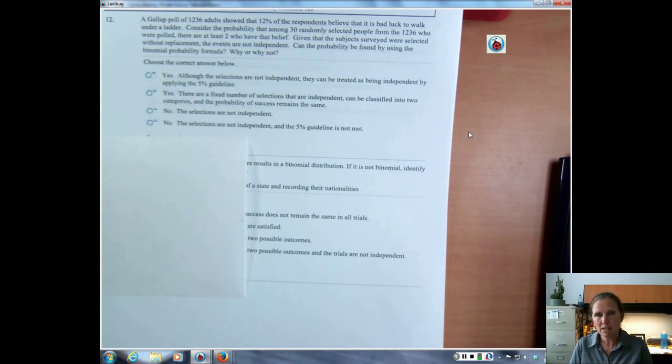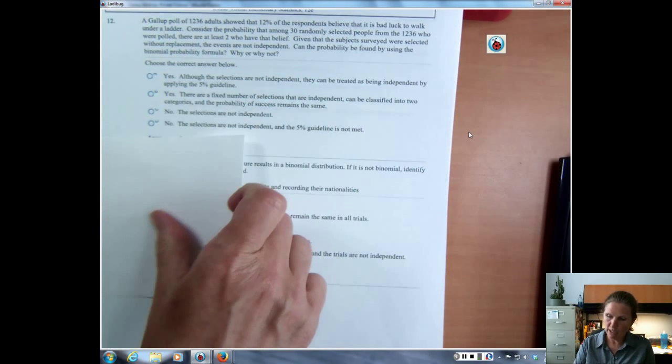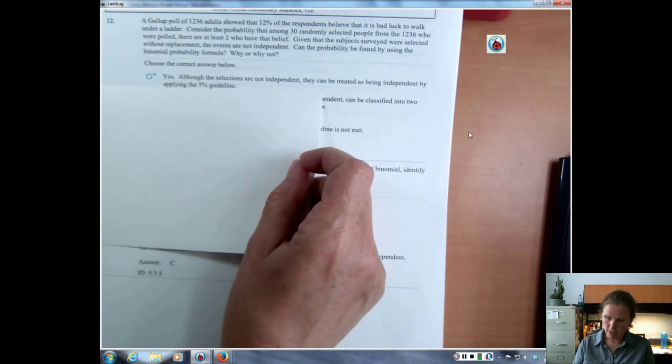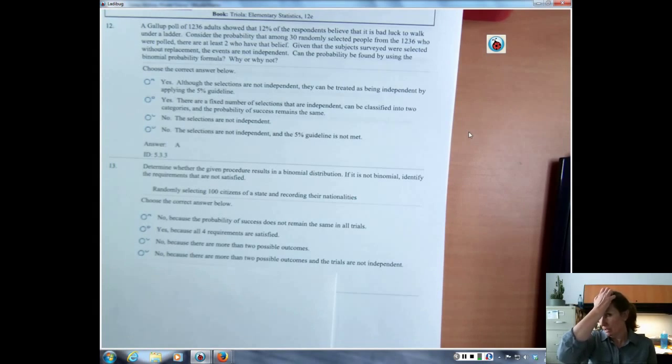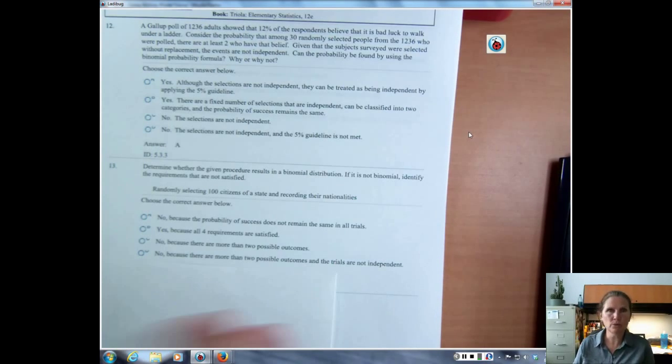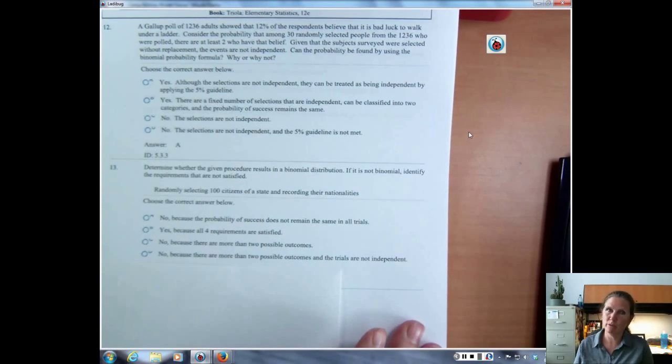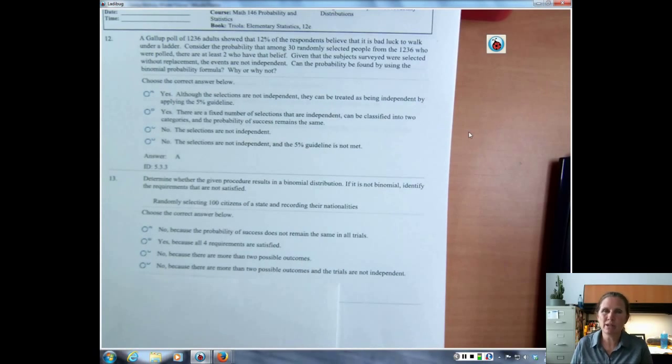So we say that, yes, they're not independent, but we can treat them as independent because we're applying that 5% guideline, which says that as long as it's less than 5%, we're not really going to worry about it. If we had 10 people and we selected 2 without replacement, that would be a big difference, but with 1,236, it's not that different.